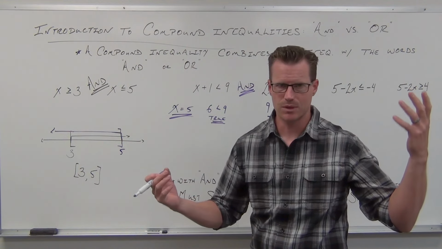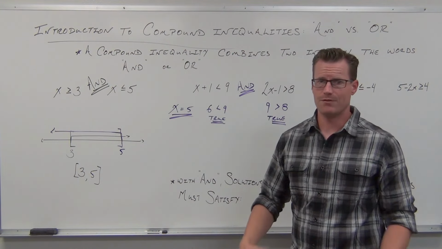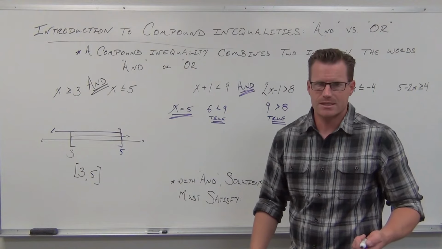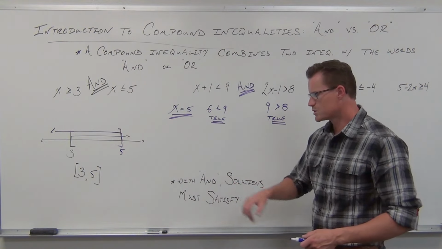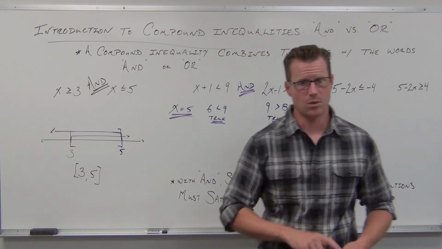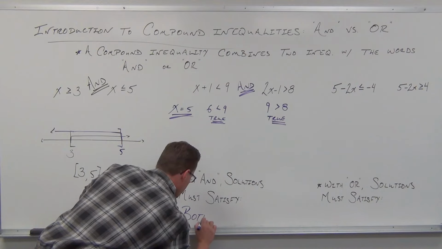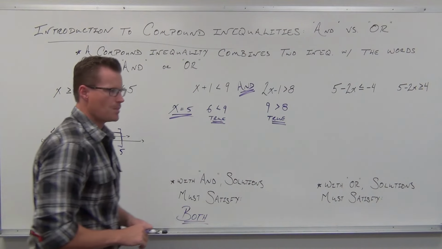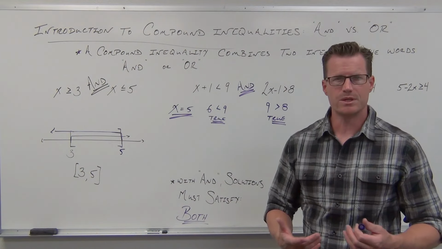To break it down real simple, like a 10-second recap: take that number, plug it into both. If it works, cool, you got and. With and, solutions must satisfy both inequalities.